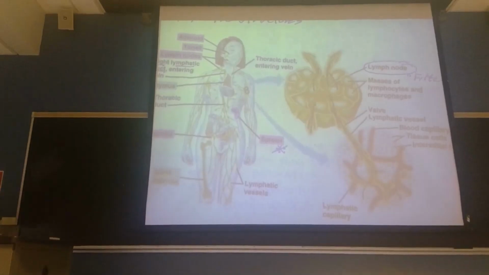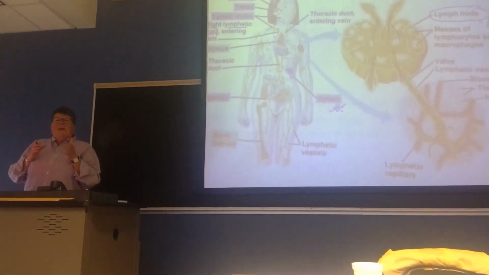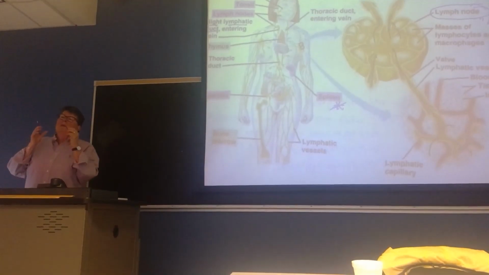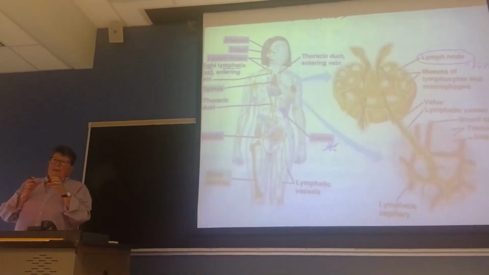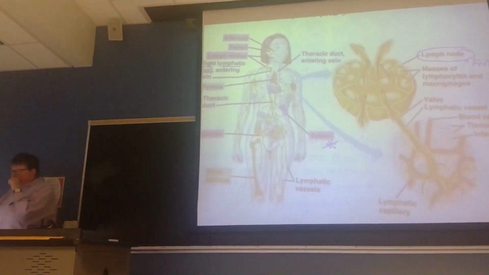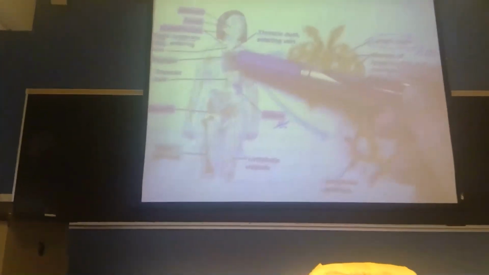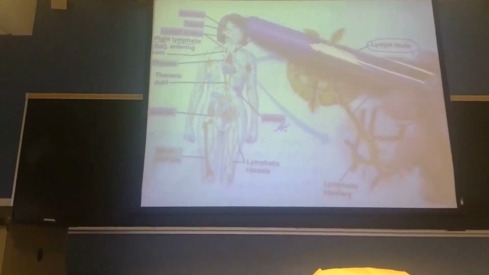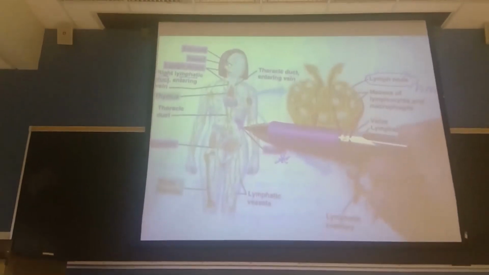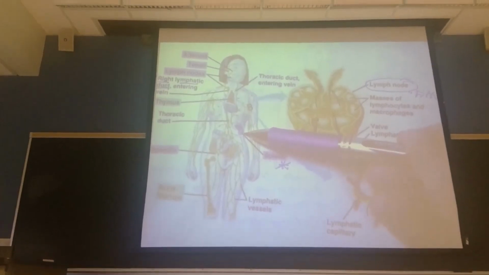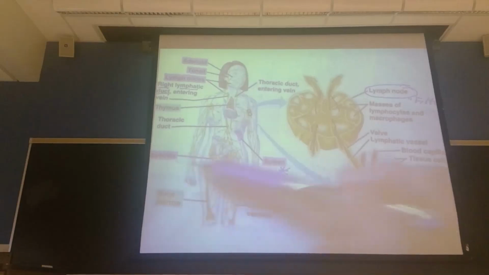Babies have really big thymuses, and that's where the T cells kind of mature and develop once they're originally made in the bone marrow. So even tonsils and adenoids, the spleen is a lymphatic tissue. You get all these lymph vessels.